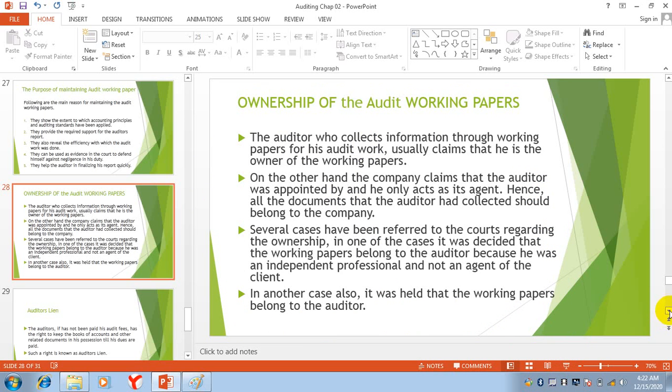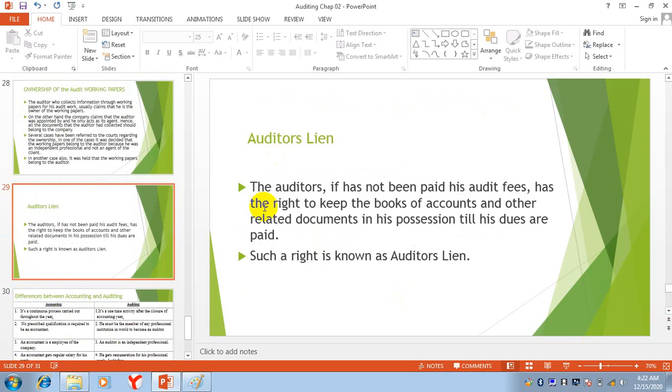And then we discussed auditor's lien, that it is basically the right of the auditor to keep different books of accounts and other data related to the company with him until his dues are paid. This right of the auditor is known as auditor's lien.